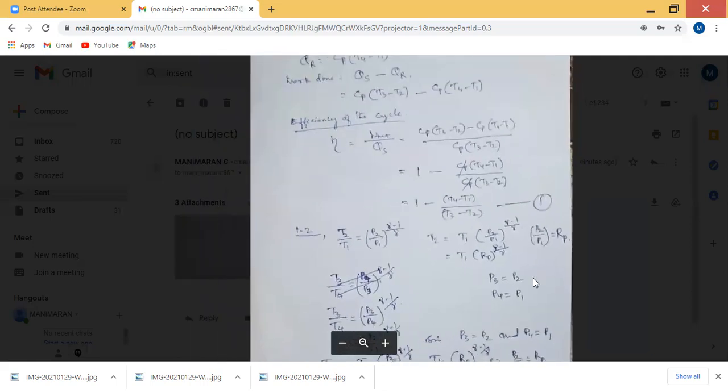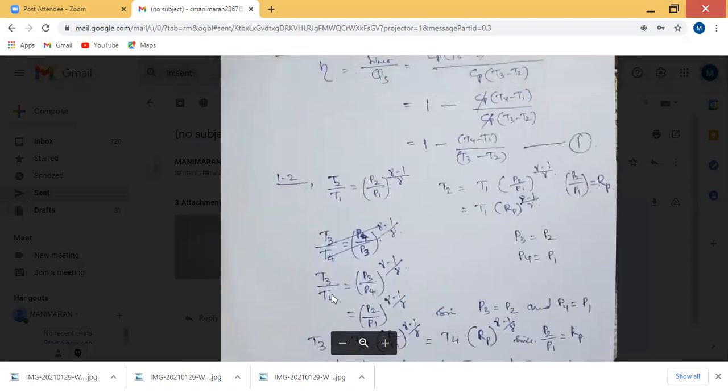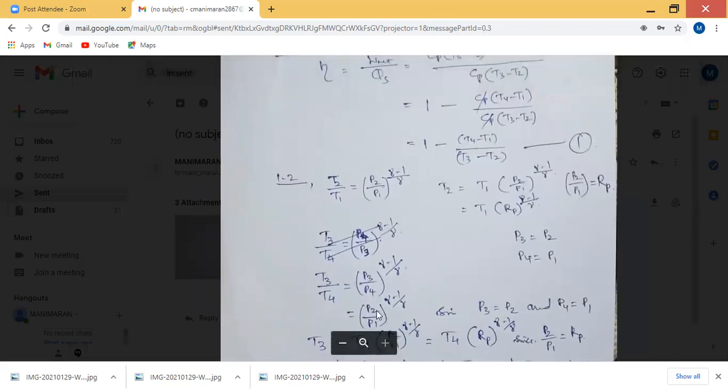Similarly, we find the value of T3, where T3 by T4 is equal to P3 by P4 to the power of gamma minus 1 divided by gamma. Here P3 is equal to P2 and P4 is equal to P1, so we substitute P3 as P2 and P4 as P1.